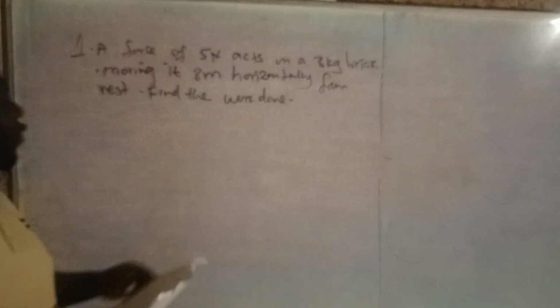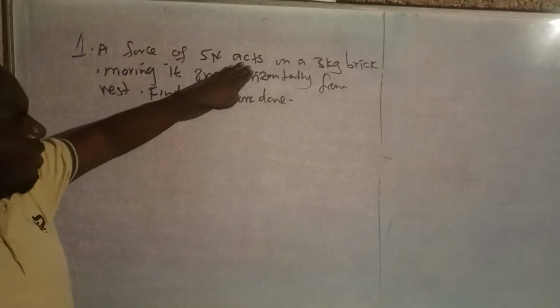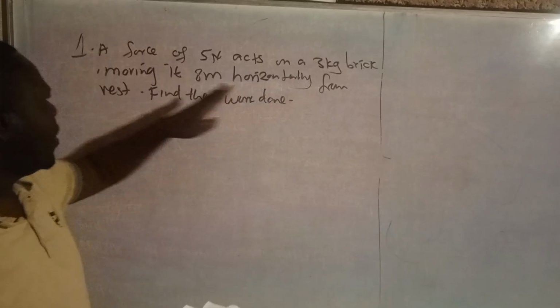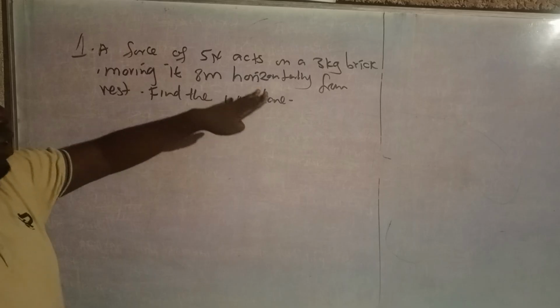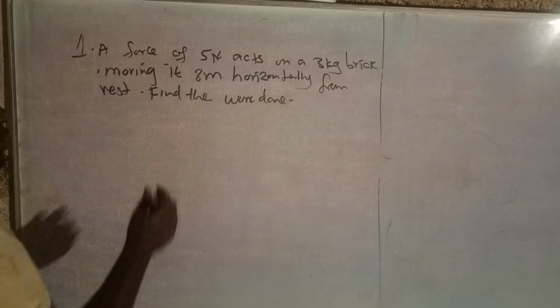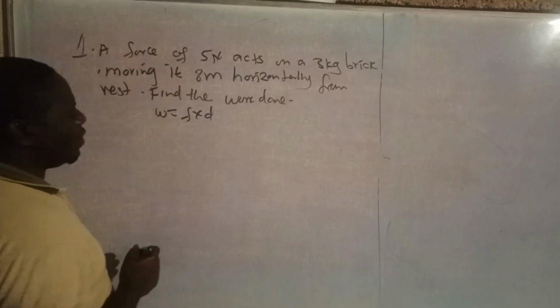So they want us to find the work done. They're saying that a force of 5 newtons acts on a 3 kg brick, this is the mass, moving it 8 meters, this is distance, horizontally from rest. As I said, work is equal to force times distance.